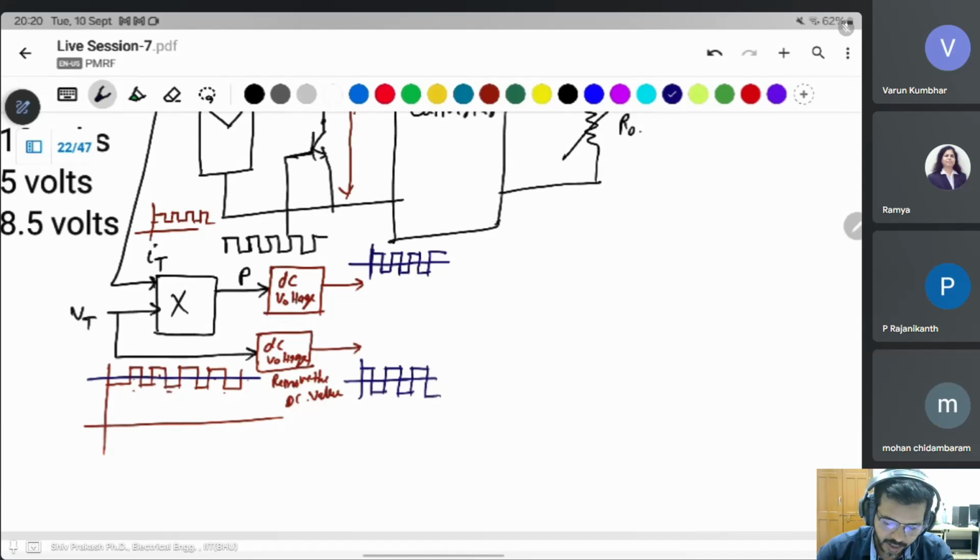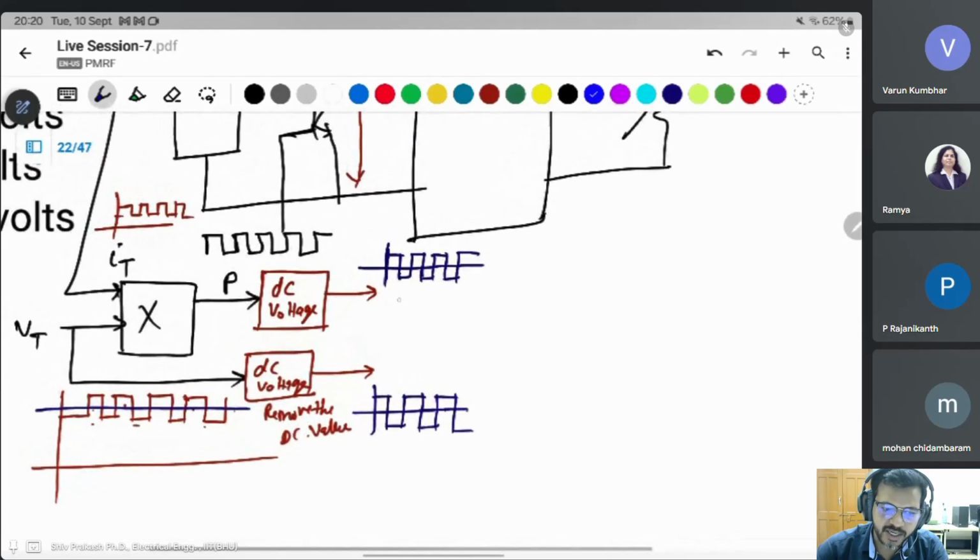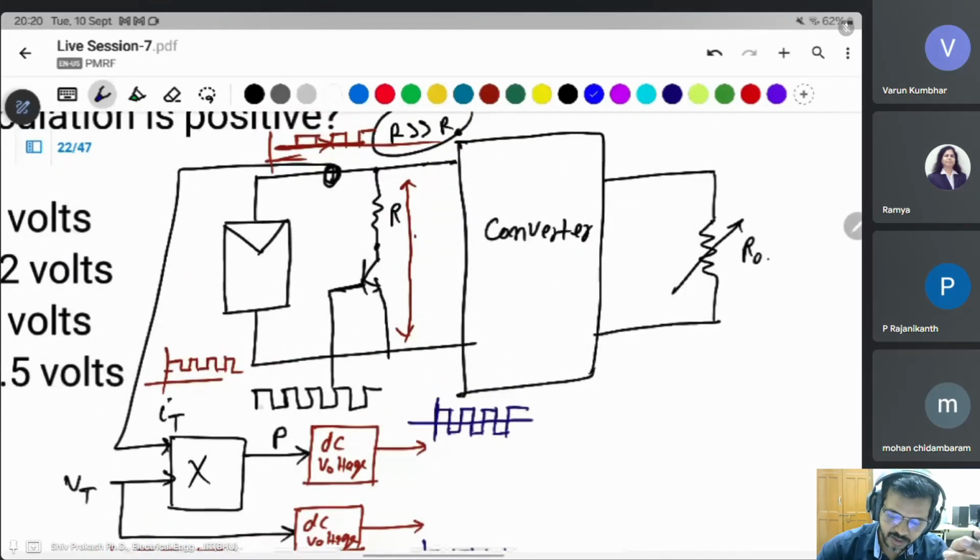Power and voltage. Suppose this is a very small value, because when resistance is very high you can't lose all the maximum power at that resistance only.